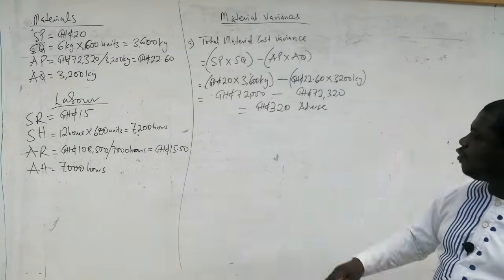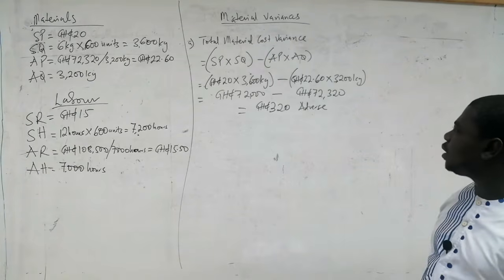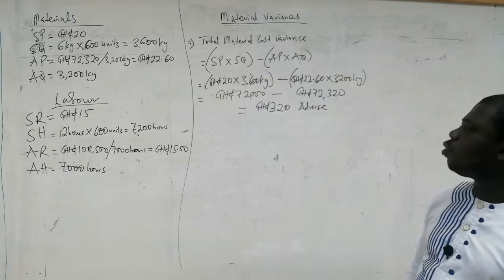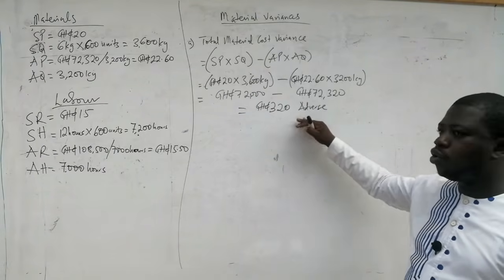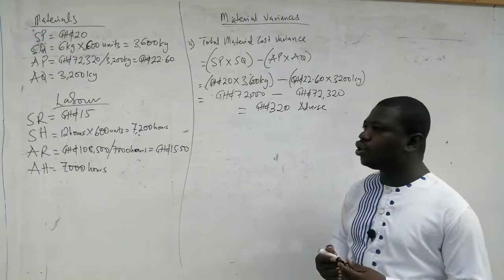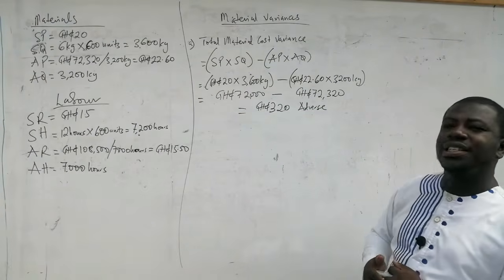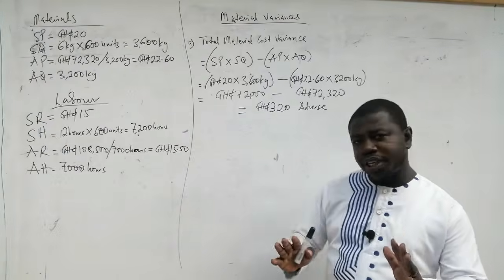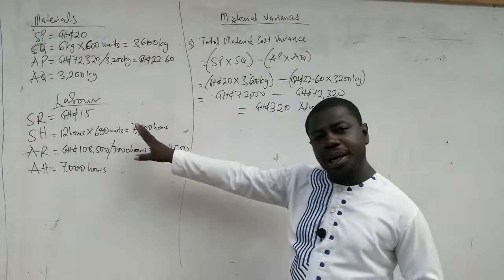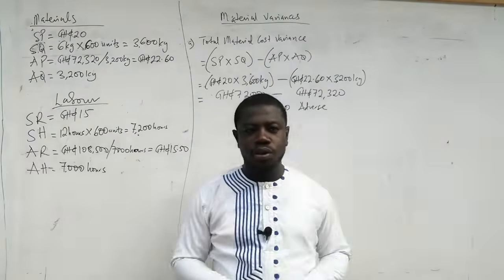So this is an adverse variance of 320 Ghana cedis because the standard was less, the actual was more than the standard, and so it's not a favorable variance, it's an adverse variance. So that is how we arrive at the total material cost variance. As a matter of fact, the main job is for you to get these figures down. Once you get them down, you know the formula, you are good to go.